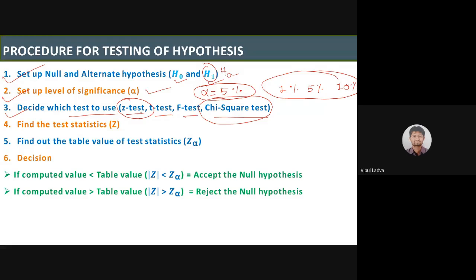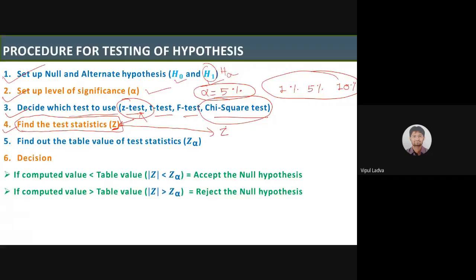Is it? And each and every test will have a Z statistic. Then after deciding our test, we will go to identify the Z statistic. इसके लिए formula दूंगा मैं हर बार. I will provide the formula for each and every case. What will be the value of the Z statistic?